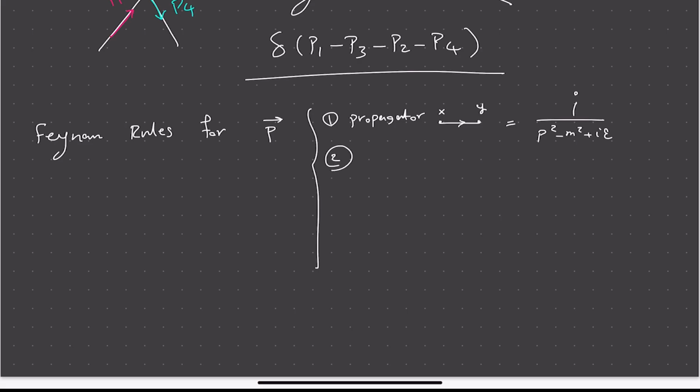For each vertex, you have to draw the arrow of the momentum lines, and that is proportional to -iλ, and then instead of the integral, I'm just going to put δ(P1 + P2 + P3 + P4). That comes with the third law, which is momentum conservation.